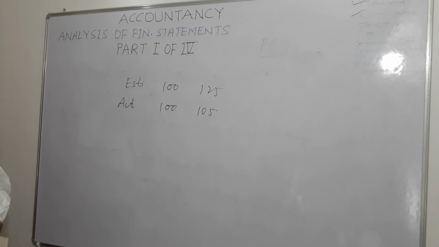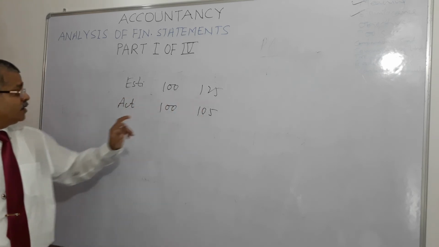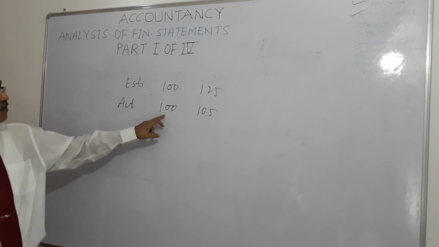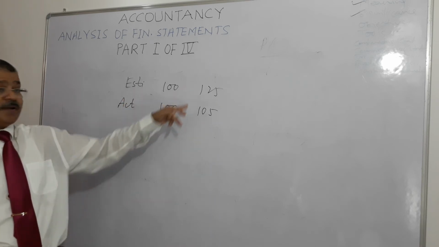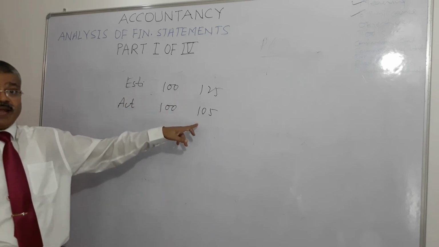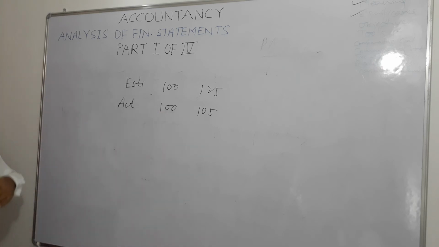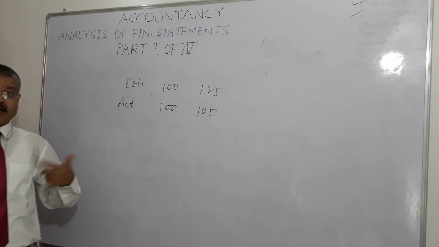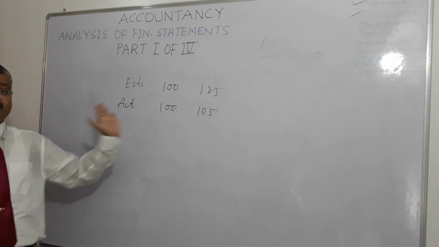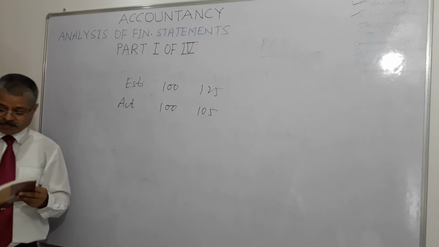So there is a deviation in our estimates, whatever estimates we made vis-a-vis actuals. So it will help us analyze what are the reasons for this deviation and what are the corrective measures that can be taken for the future, so that such deviations are not there between estimates and actuals, right?